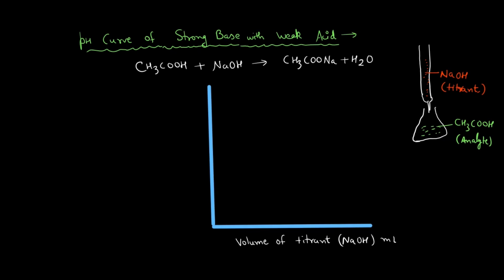The volume is in milliliters, and on the y-axis we have the pH scale from 0 to 14, and say this is the midpoint of this, and let me draw a line representing the pH 7.